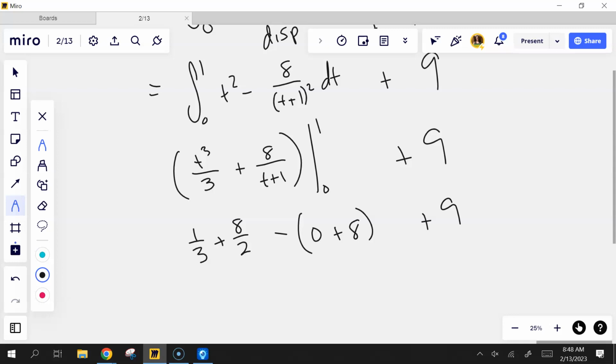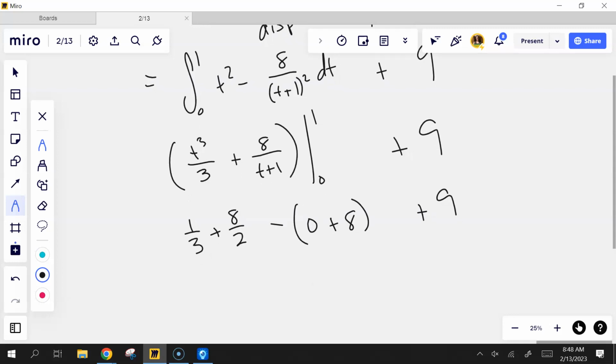You don't have a C with definite integrals, only with indefinite integrals. Let's see, that's 4. So I got 1/3 plus 4 minus 8 plus 9.